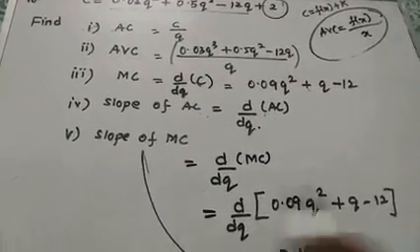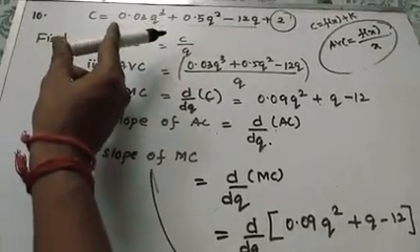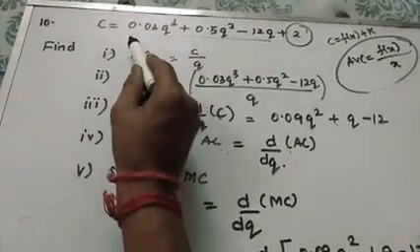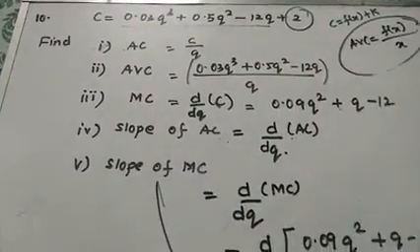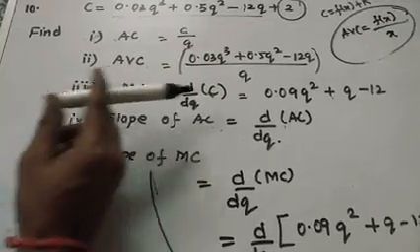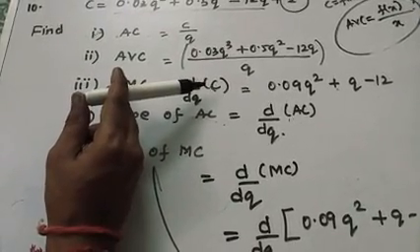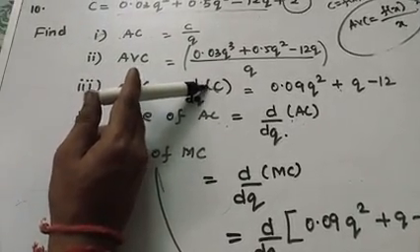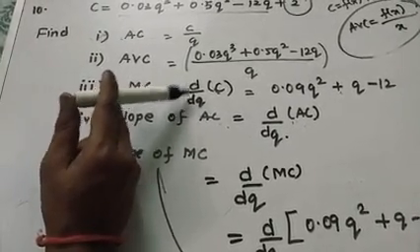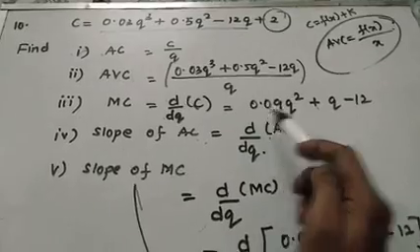Okay. So average cost is total cost by output. Average variable cost means just writing the q part, ignoring the constant, and dividing by output. Marginal cost equals the derivative of total cost, that is C, with respect to the output, that is q, that is d/dq of C. After differentiation we will get this thing.